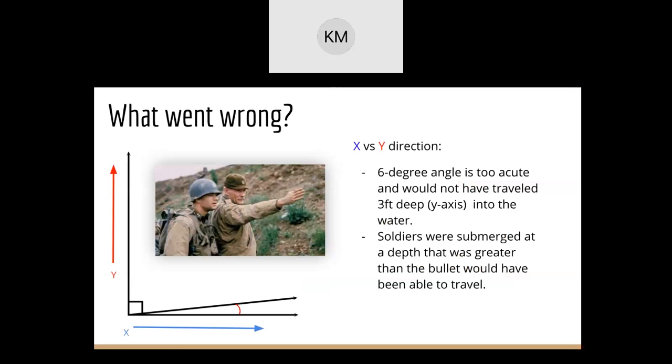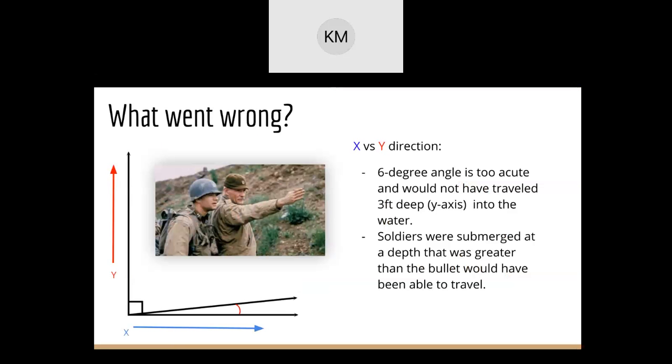So what exactly went wrong? The 6-degree angle is just too acute and would not have traveled 3 feet into the water. And the soldiers were submerged at a depth that was greater than the bullet would have been able to travel. So with the very shallow angle, the bullet is not going to reach the grown men, which we're approximating to be about 6 feet tall.